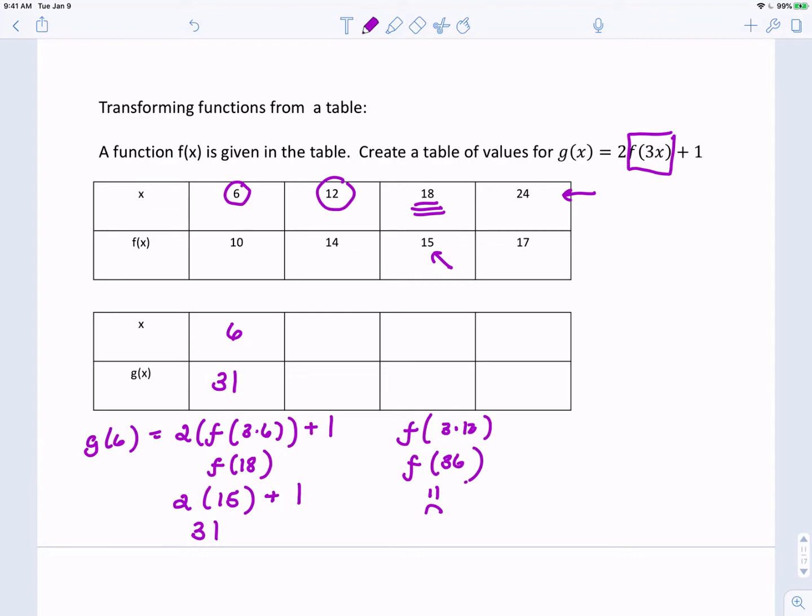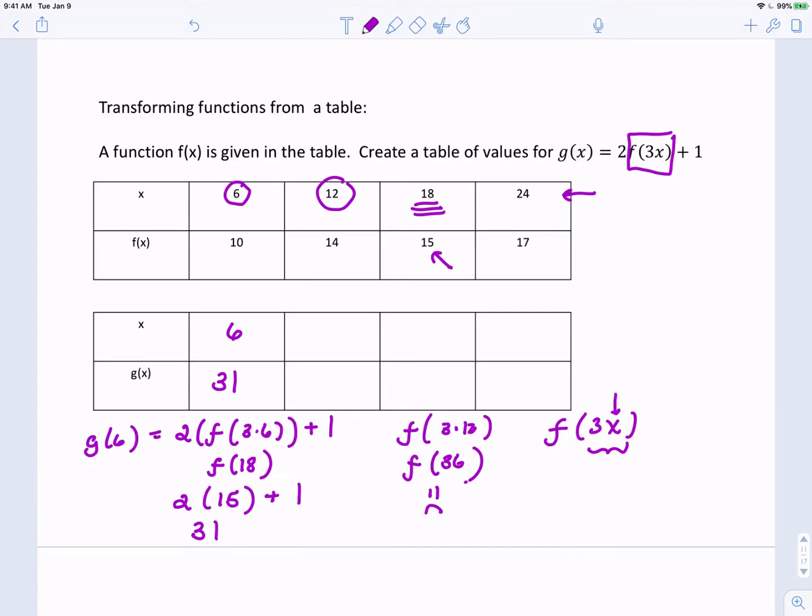And so the question becomes, for what values of x could we find values for g? Well, we have to be able to find f of 3x. So the only values that we can find g is if we know a value for 3 times x.